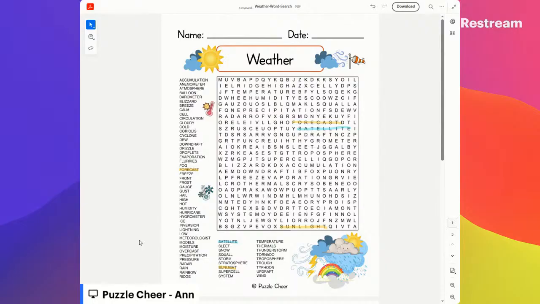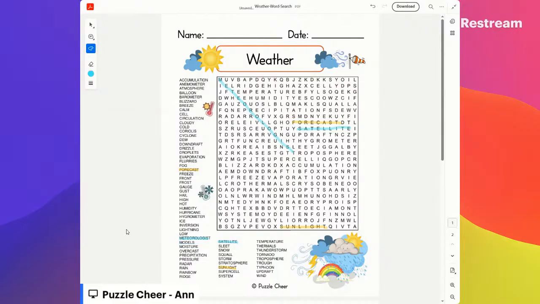Rory says meteorologist is diagonal, starting in the very top left corner. Awesome. Thank you. Meteorologist, METEOROLOGIST. Meteorologist. And we'll cross that off.